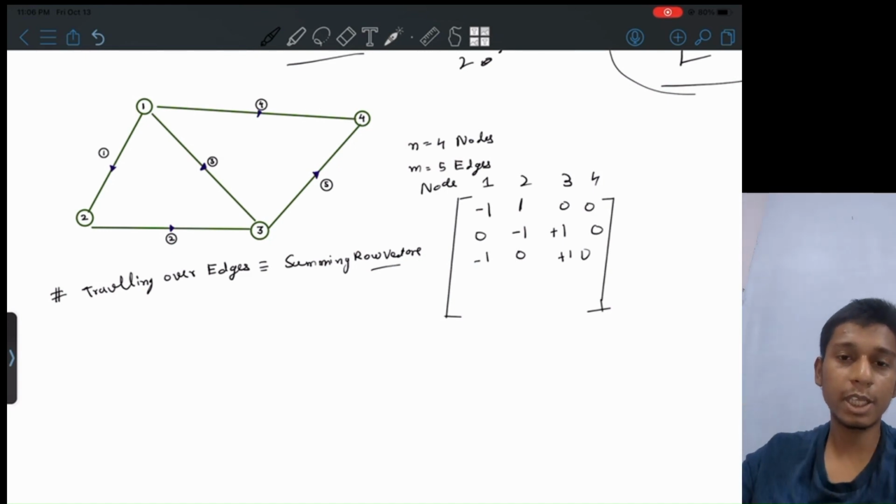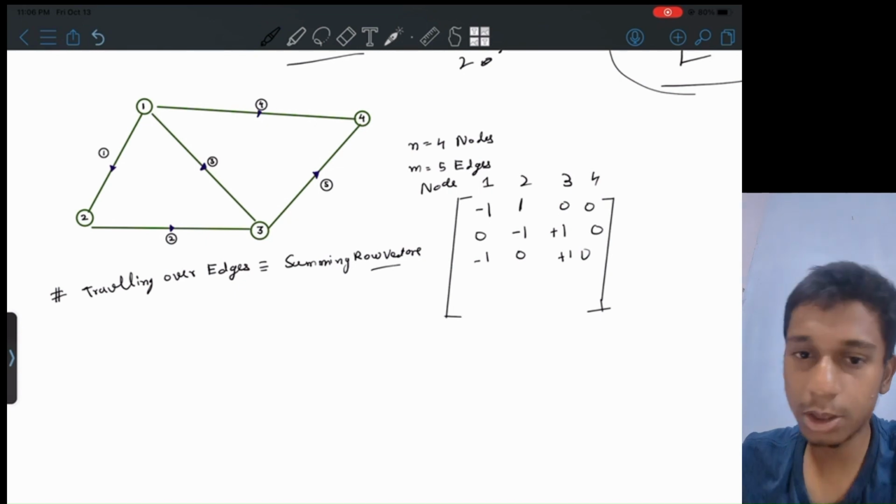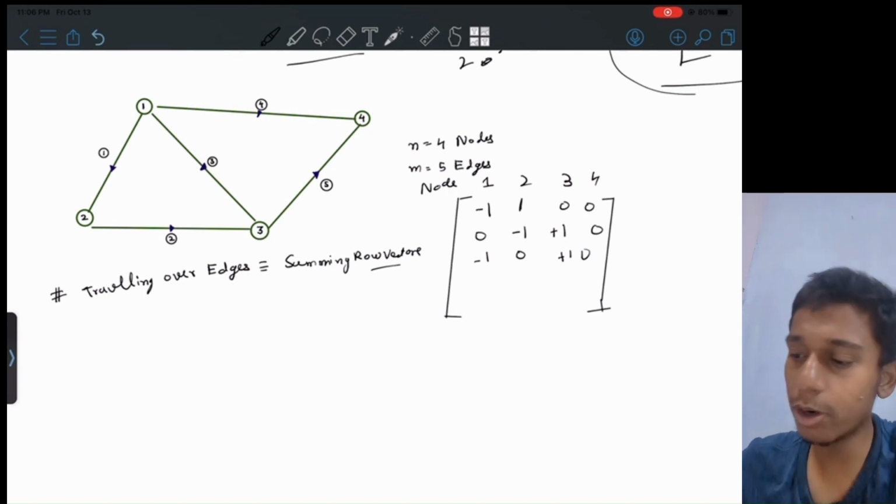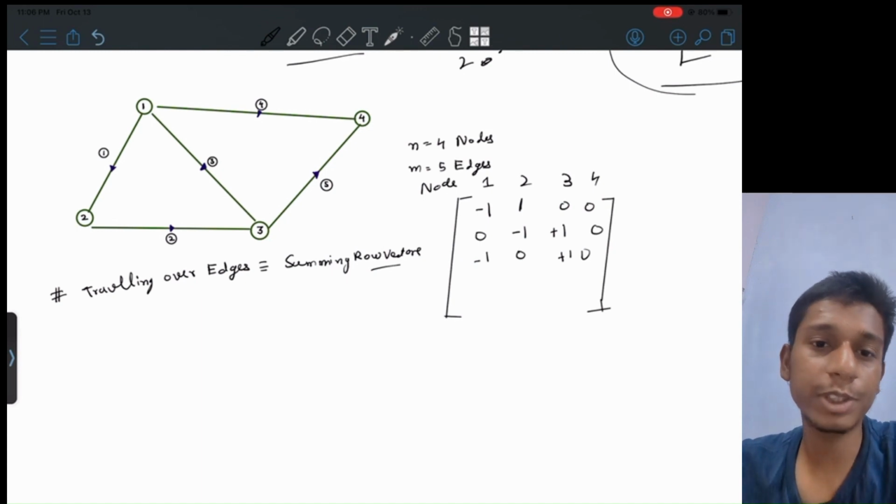This also has an application in the dynamic programming problem, wherein we are required to count the number of paths of, say, length k.